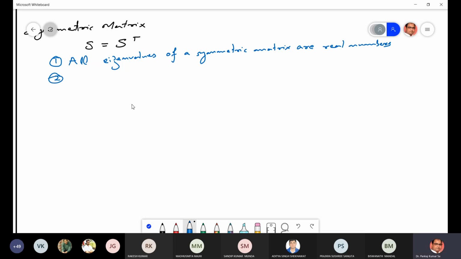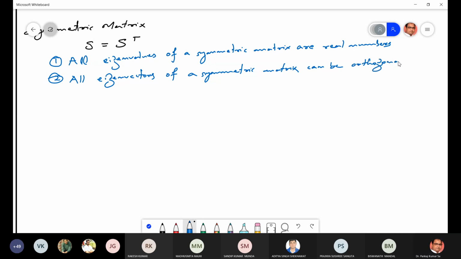And another important property is all eigenvectors of a symmetric matrix can be orthogonal.